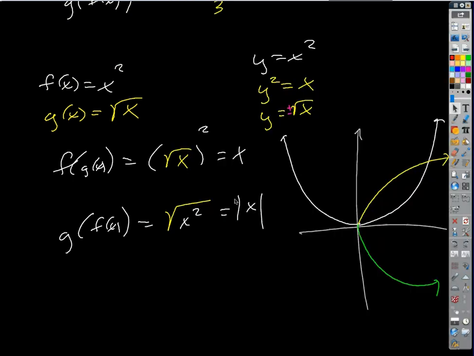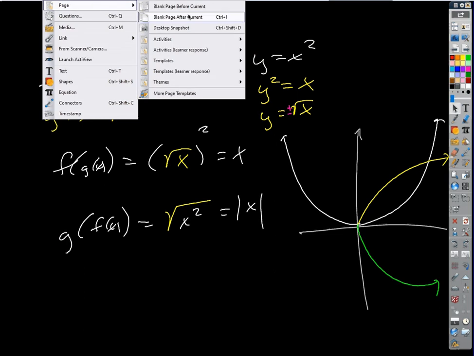What are the steps for graphing an inverse? In fact, I'm going to make a new page for this. Doesn't even have to be a function, just graphing an inverse. And it doesn't matter which one you start with because they're inverses of each other.